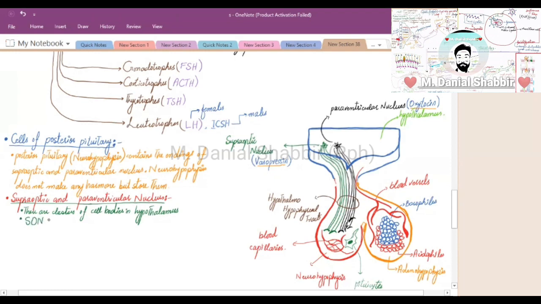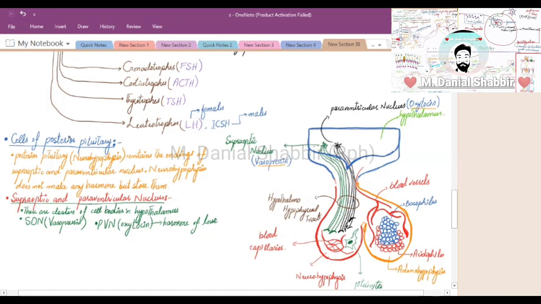The supraoptic nucleus is going to release vasopressin, right? And the paraventricular nucleus is going to release oxytocin, which is a hormone. Keep in mind that oxytocin is also called the hormone of love. Okay.